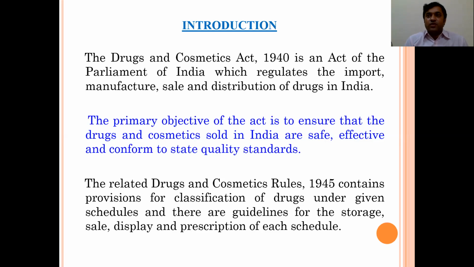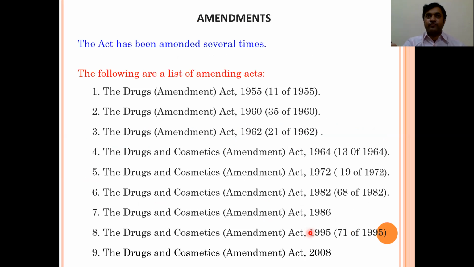The main objective of the Act is to ensure drugs and cosmetics sold in India are safe, effective, with standard quality. The Drugs and Cosmetics Rules 1945 contain the classification of drugs with their schedules, and guidelines for storage, sale, display, and prescription of each schedule.